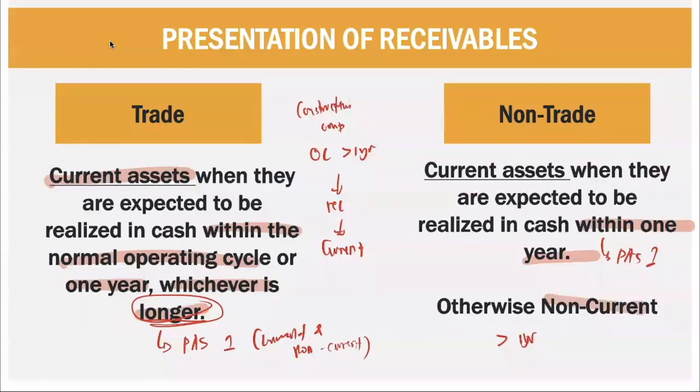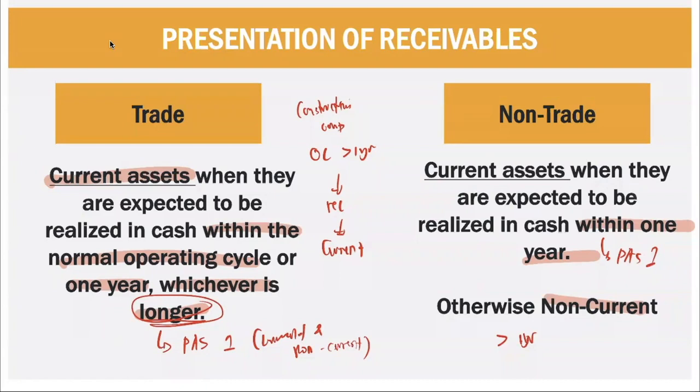Okay, again, receivables, we look whether it is trade or non-trade. Trade arising from goods or services. Non-trade not arising from sale of goods or services in the ordinary course of business. How do we measure them? Initially, we measure them at fair value plus transaction cost. Subsequently, we measure them at your amortized cost.